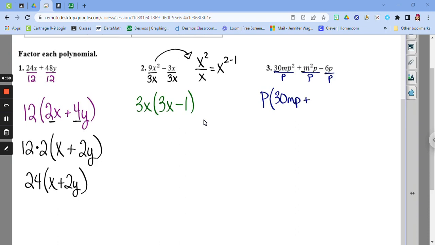I'm left with m squared on the second one, because I've divided the p out, and I'm left with 6 minus 6 on the last. Looking at that in the parentheses, there should not be anything common at that point. All right. Any questions on these three? Where we got the numbers, where we got what's left in the parentheses?